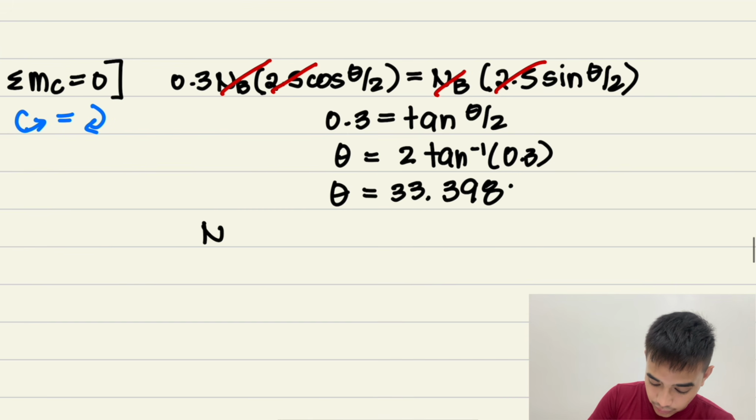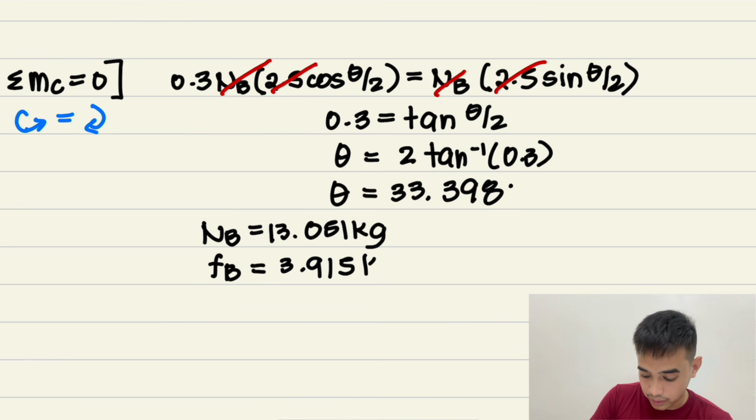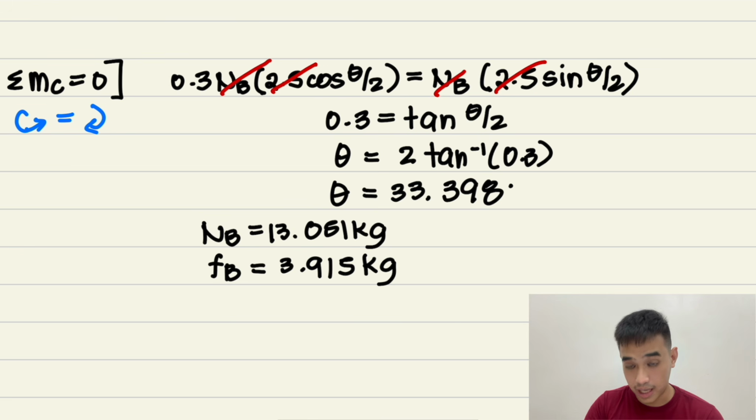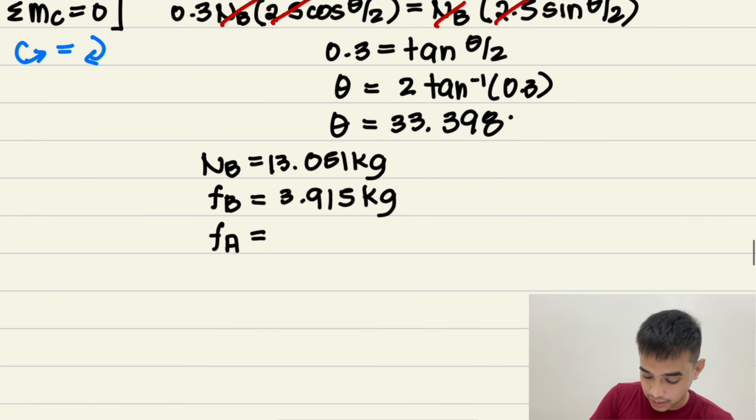So with that, our value of NB will be 13.051 kilograms. And our value for the friction force B will be 3.915 kilograms, which is 0.3 times NB. And again, our friction force at A must also be equal to 3.915 kilograms.